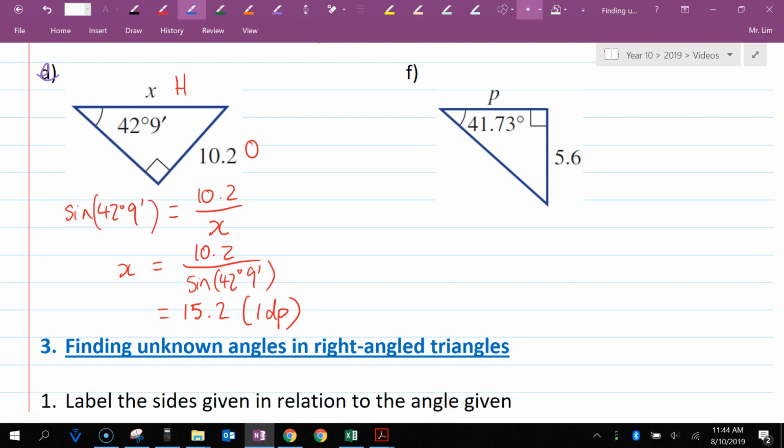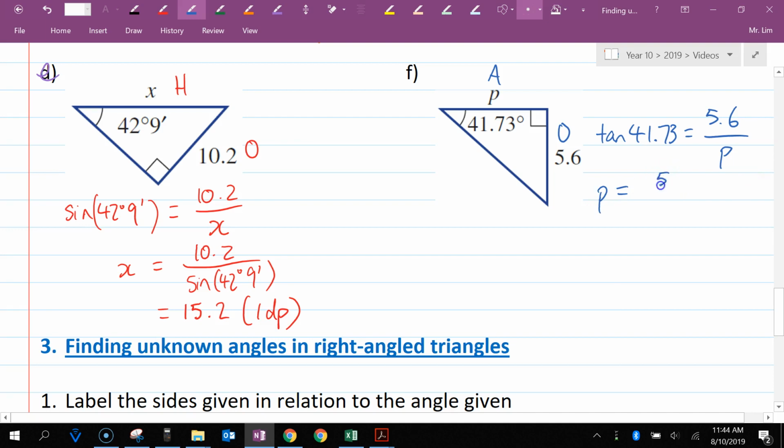In question F, we have opposite and adjacent, so we're using tan. Tan of the angle, 41.73 degrees, is equal to opposite over adjacent. So I've got my pronumeral in the denominator, so I'm going to swap these.